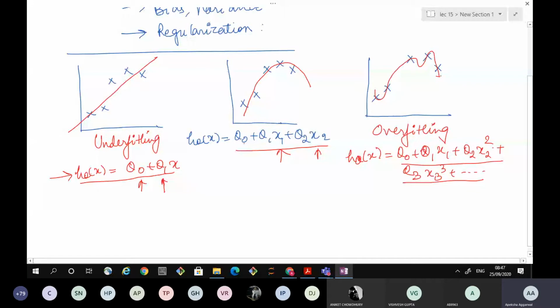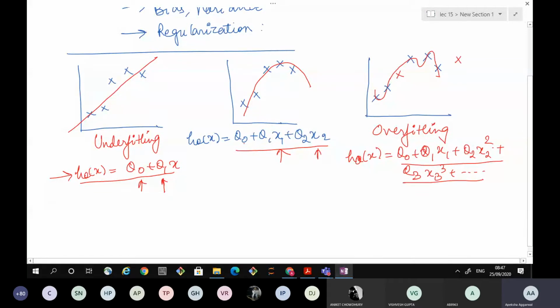Suppose I have a new training example which is over here, and I want to predict it. So according to this overfitted hypothesis, this model is passing from above the point, while it should pass through approximately all the training examples, right?